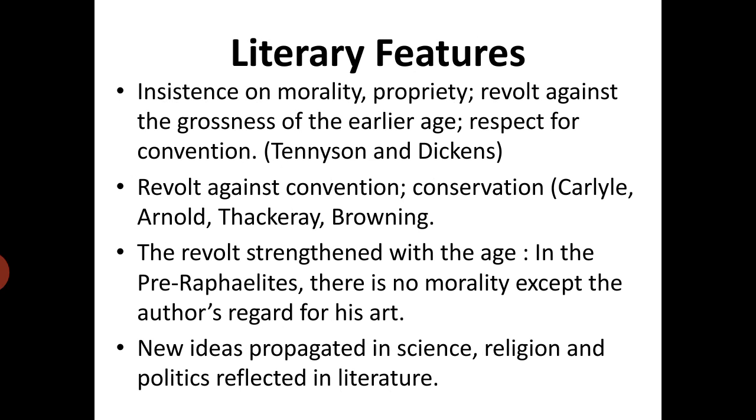Revolt against convention: this kind of element we will come across in the works of Carlyle, Arnold, Thackeray, and Browning. The revolt strengthened with the age in the Pre-Raphaelites, and also the movement like Tractarian, founded by Cardinal Newman. They said there is no morality except the author's regard for his heart.